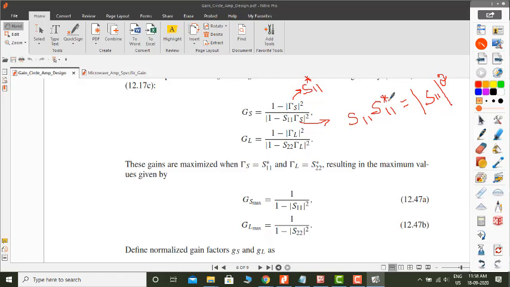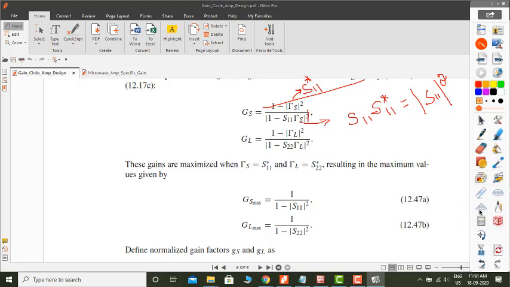When you take the product of a complex number with its complex conjugate, it gives the magnitude square. Therefore, we can put 1 minus modulus S11 square, whole square. We can simplify this, and it remains 1 by 1 minus modulus S11 square.